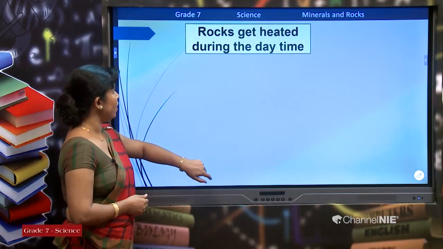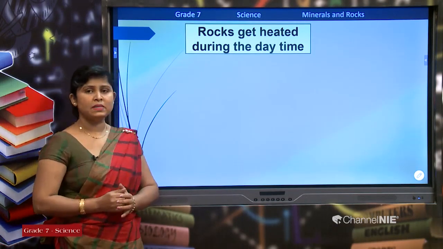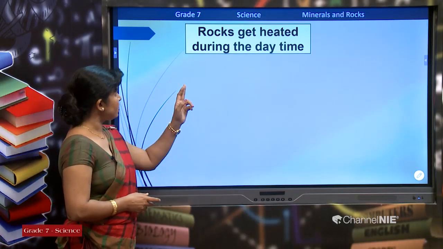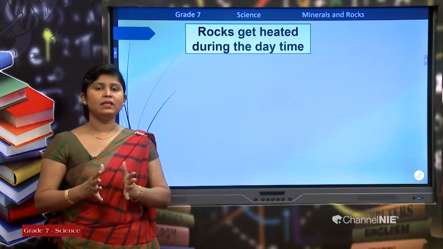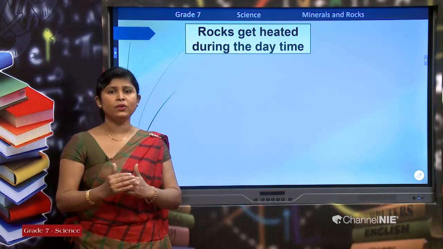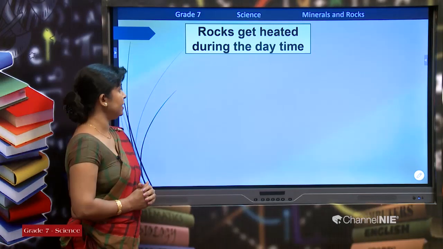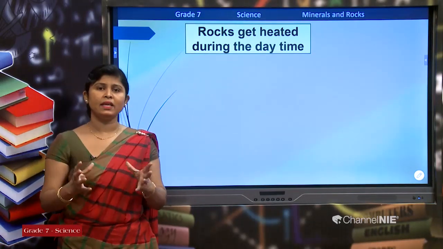Let's see how physical weathering takes place. Rocks get heated during the daytime, right? You know that during the daytime there is a high temperature just because of the heat of the sun, right? The rocks get heated during the daytime. Due to the heat of the sun, the rocks get heated.